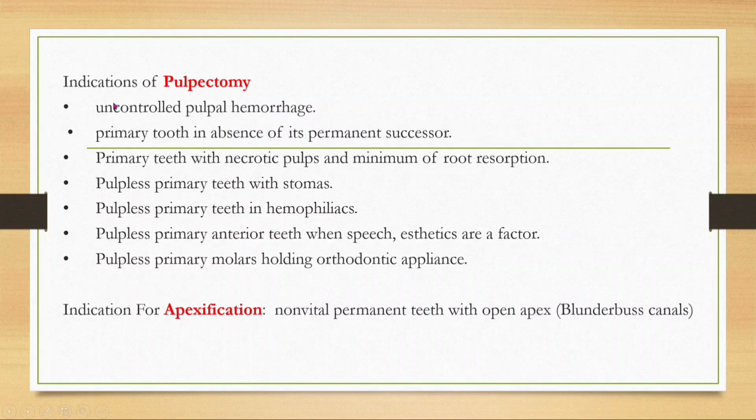So what are the indications of pulpectomy? When we have uncontrolled pulpal hemorrhage, primary tooth in absence of its permanent successor, primary teeth with necrotic pulp and minimum root resorption, teeth with stomas, teeth in hemophiliacs, primary pulpless teeth when speech and aesthetics are a factor, pulpless molars holding an orthodontic appliance, all are pulpless teeth.